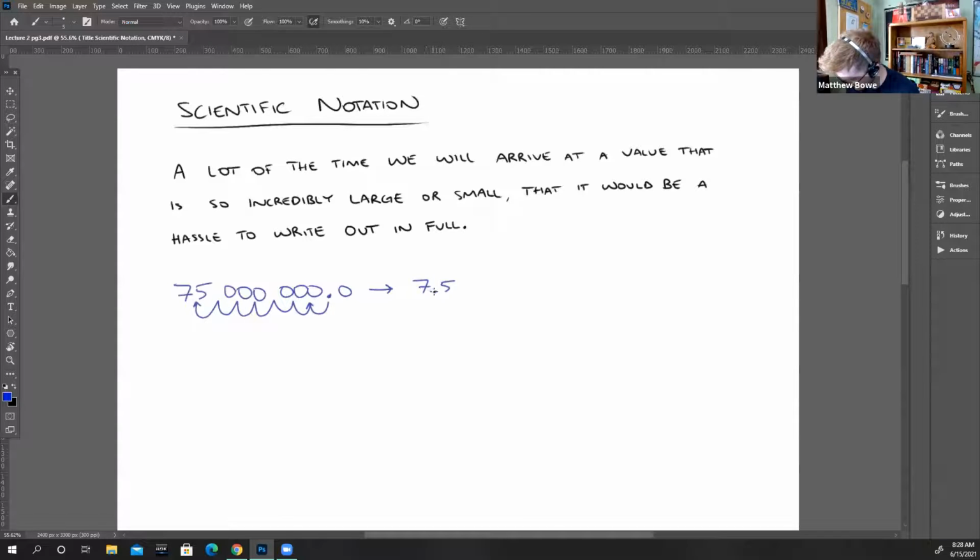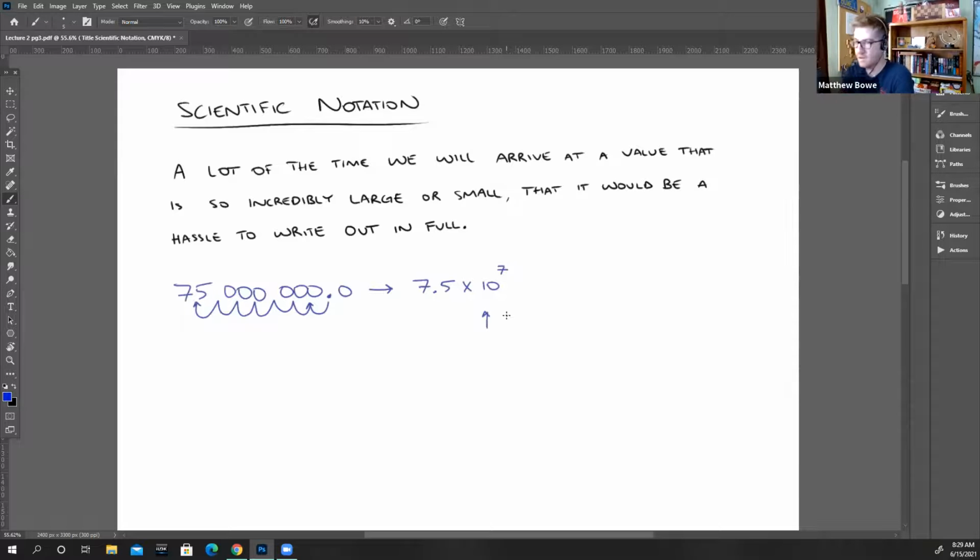So that's 7.5 times 10 to the 7th power. And putting this in your calculator is a lot easier.